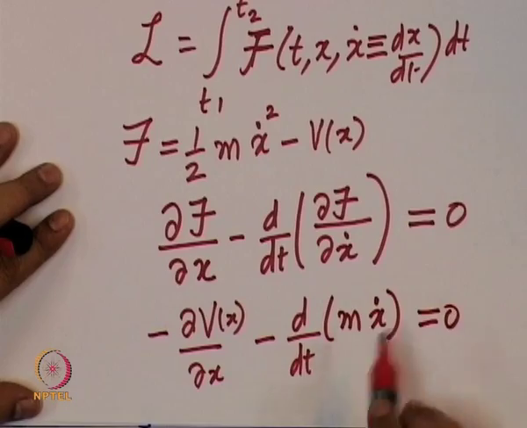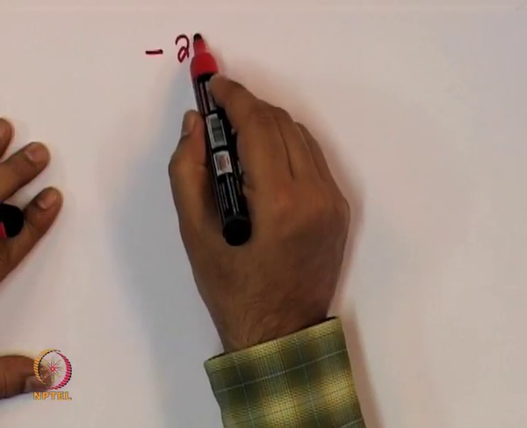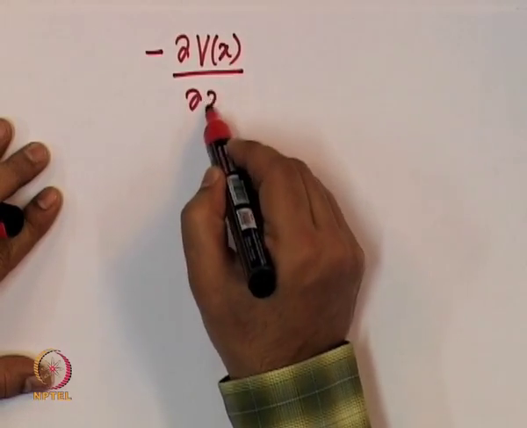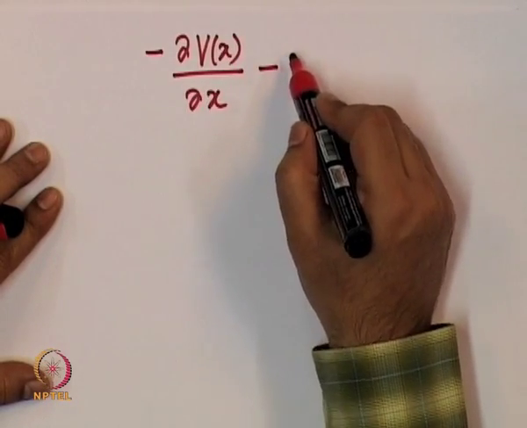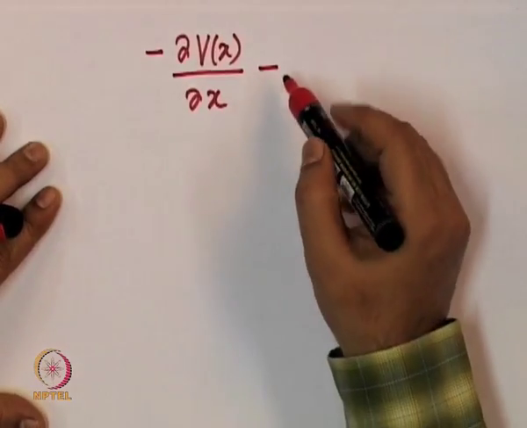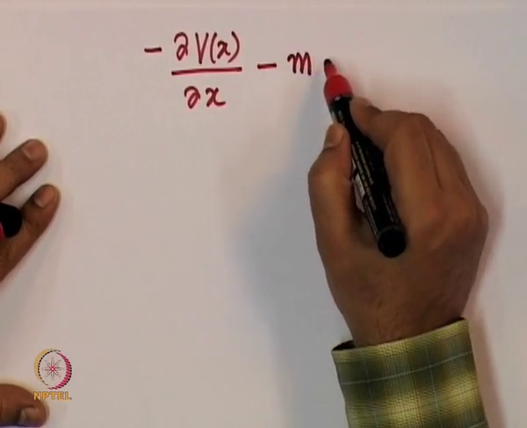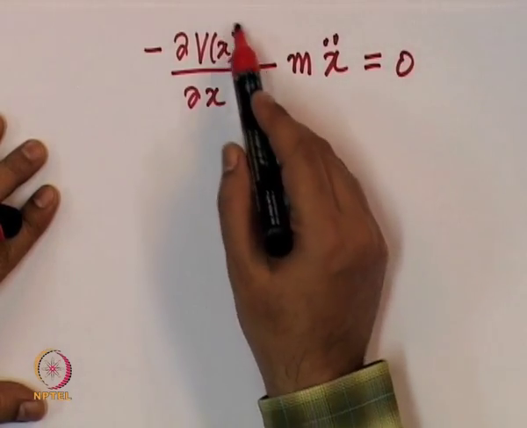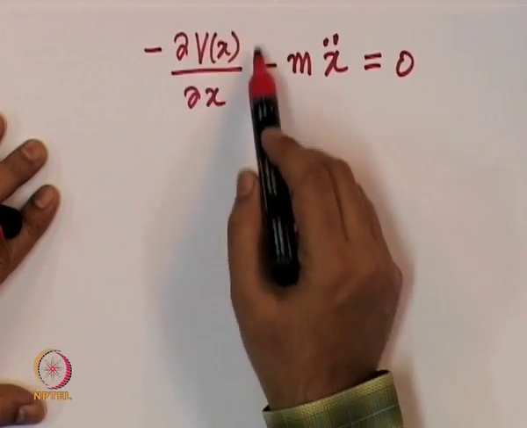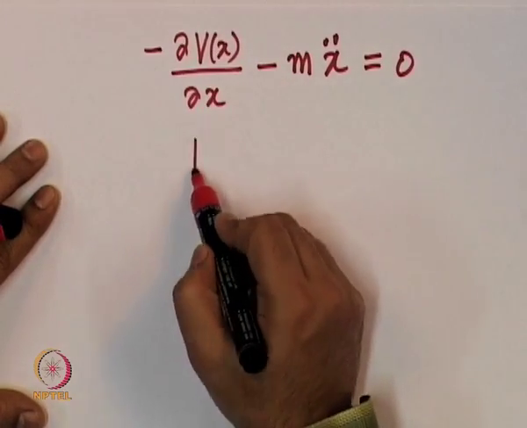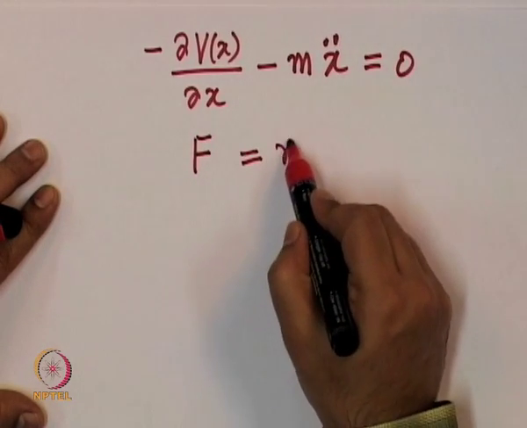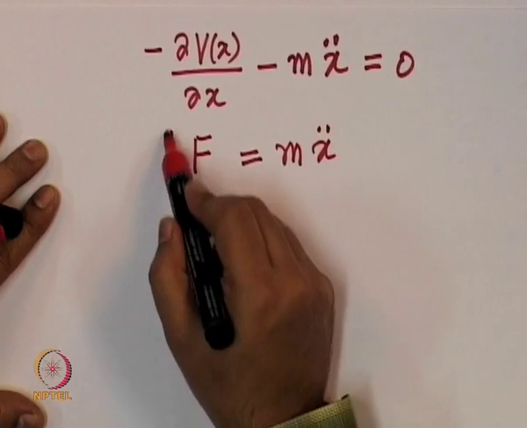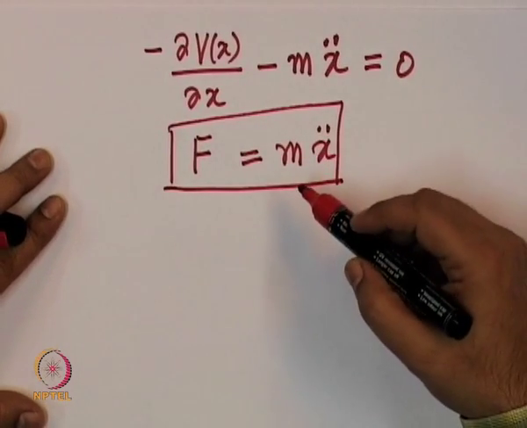Again, m is not changing with time, so you have minus dou V by dou x minus m x double dot is equal to 0. In other words, the negative gradient of the potential is the force, which is equal to m x double dot. This is Newton's equation.